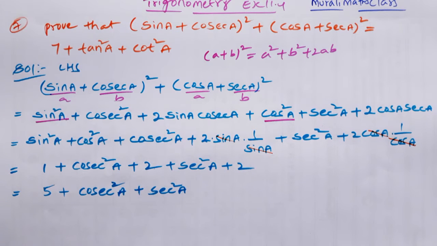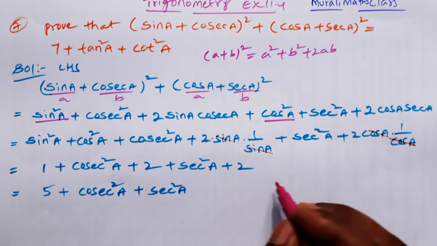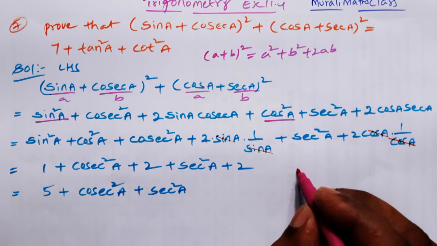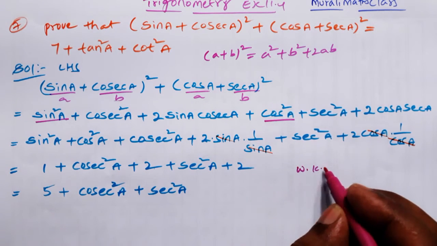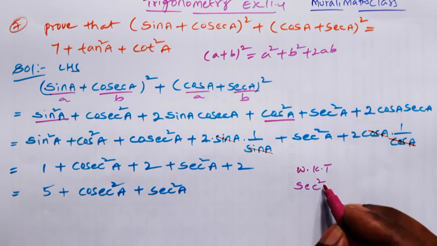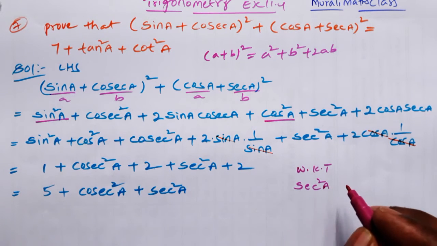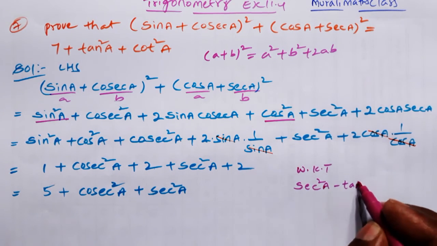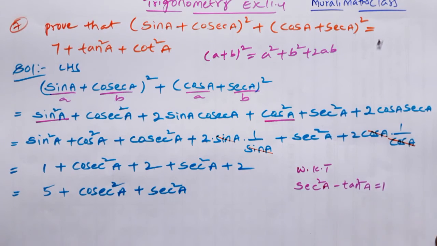Now again we need to use some formulas here for secant square A and for cosecant square A. So I will write the formulas here. We know that secant square A minus tan square A equals to 1.